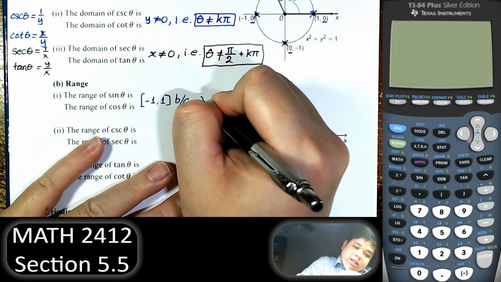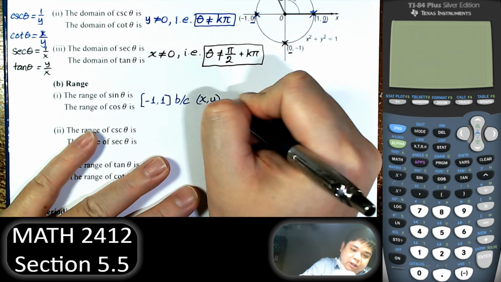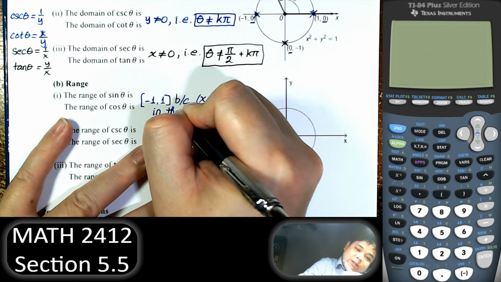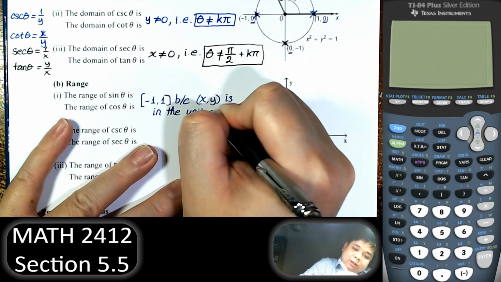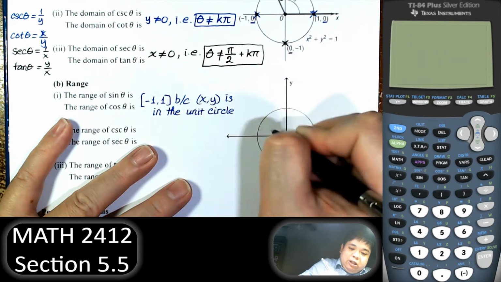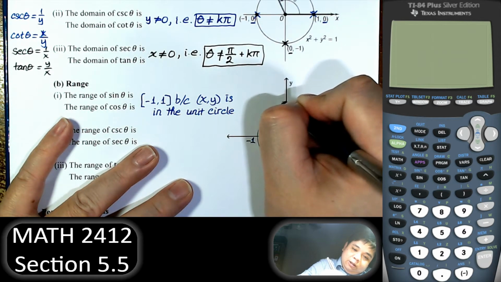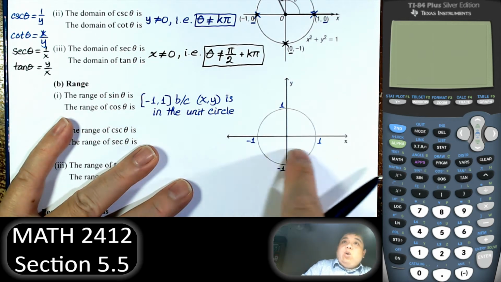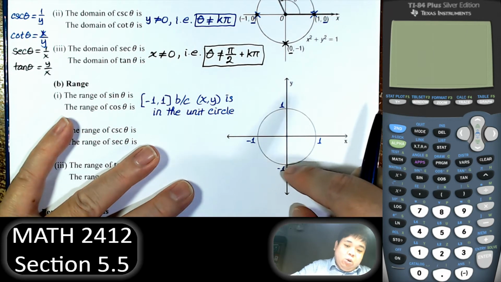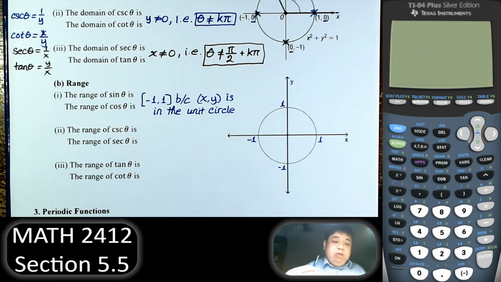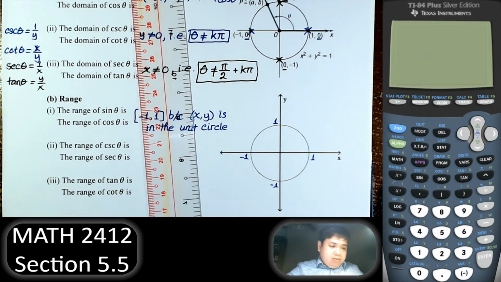Because x, y is on the unit circle, x can only go from negative 1 to 1, and y can only go from negative 1 to 1. Therefore, sine and cosine can only go from negative 1 to 1. Now, cosecant, secant, tangent and cotangent will be different.